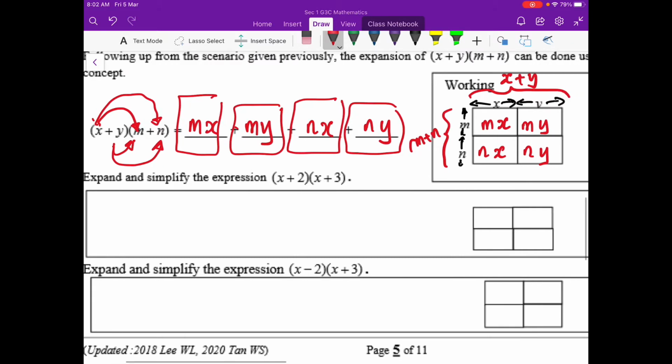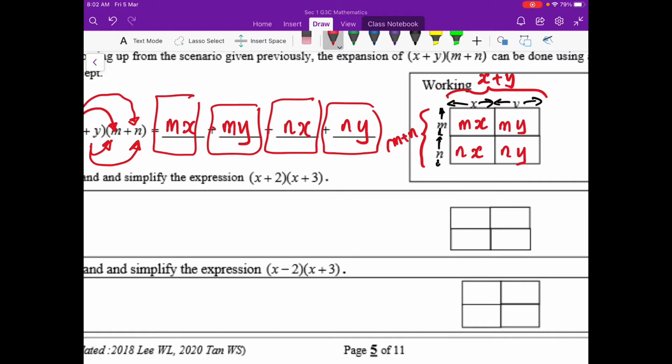Since it is here, I will just demonstrate. X plus 2, positive x, positive 2, x plus 3. Whether you write the positive or not doesn't matter. So in this frame we have x times x, x squared, x times positive 2, so this is a positive 2x.